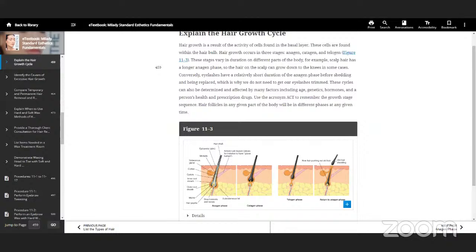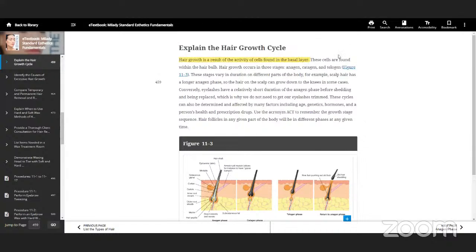So let's look here. It says hair growth is a result of the activity of cells found in the basal layer. All right. So when you're doing your project, you may have already seen basal layer. They're found in the deeper layers. Those cells are found within the hair bulb.